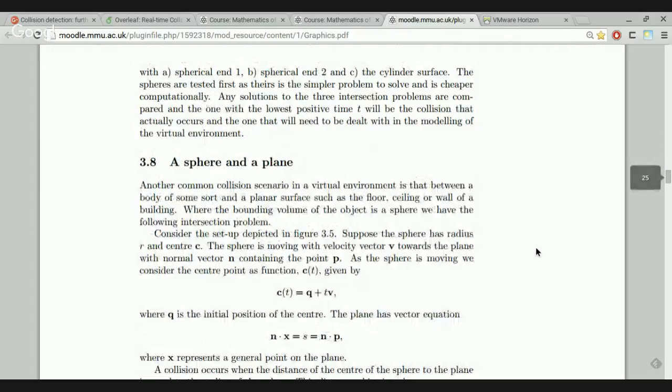But let's just talk through the discovery of the collision test. Can we say, are we heading towards a quadratic equation in t that we're going to try and solve? It's a bit harder. If you think of just the abstract object of a sphere moving towards a plane, what happens?